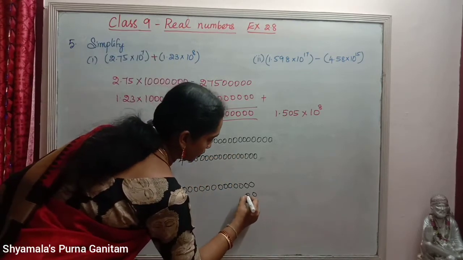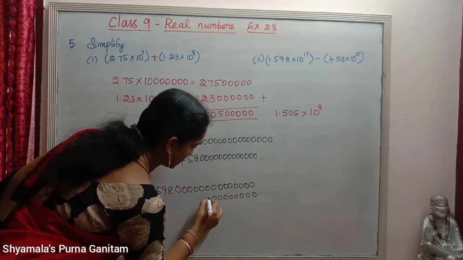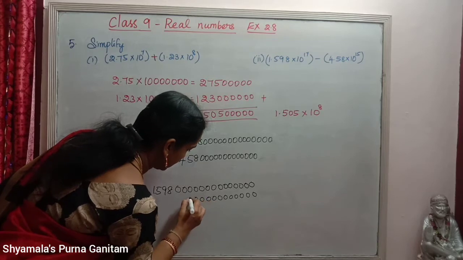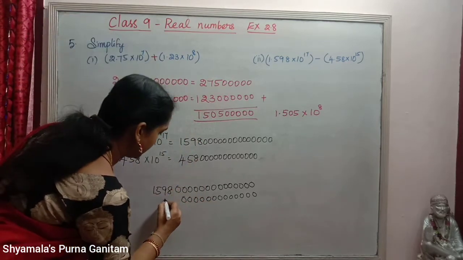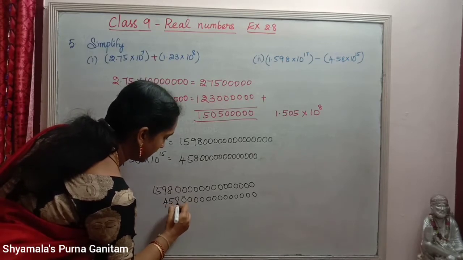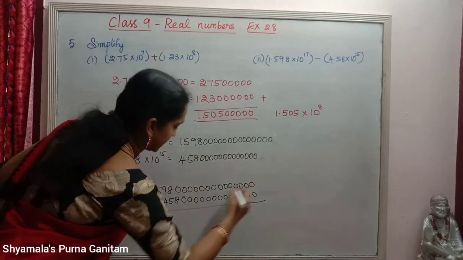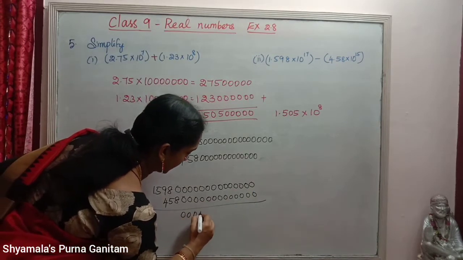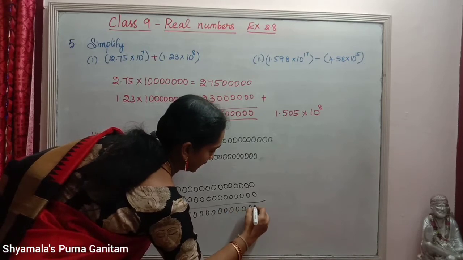Then 458, 4, 5, 8. All the zeros we will write as they are, 13 of them.